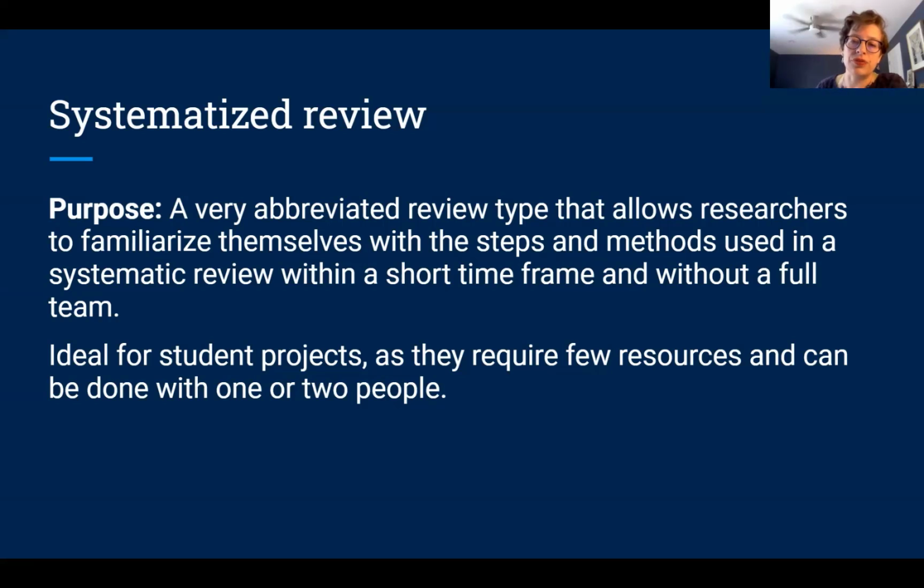These are really ideal for student projects because they can be done with very few resources, and one or two students can work on one together, and the time frame is very short, like a rapid review. So this is a really great way to bring students into this kind of research without having them commit to something much, much larger.